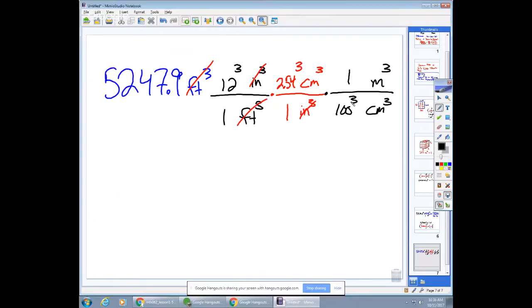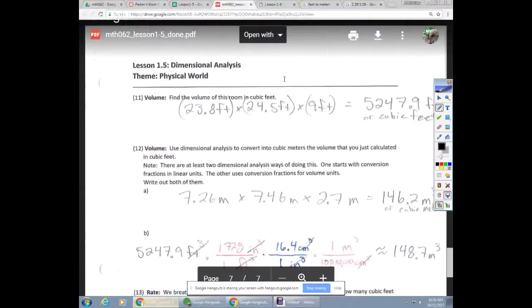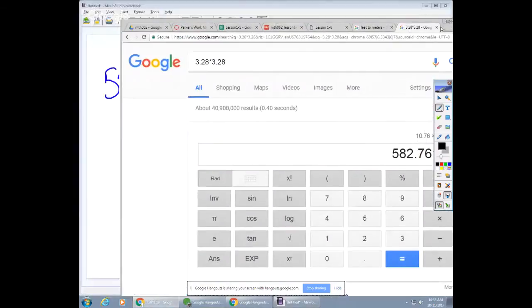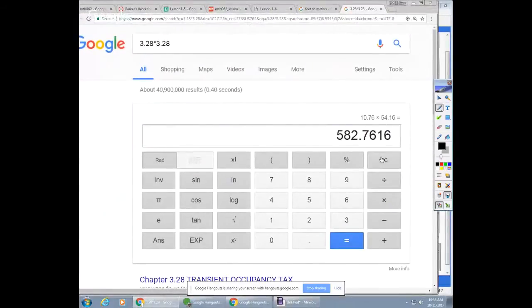All right, so I'm going to whip out my calculator. I'm going to try my Google calculator. All right, clear. 5,247.9 times 12 cubed times 2.54 cubed. And some calculators are easier to plug this into than others. Like I would be cursing if I had my Apple calculator right now.